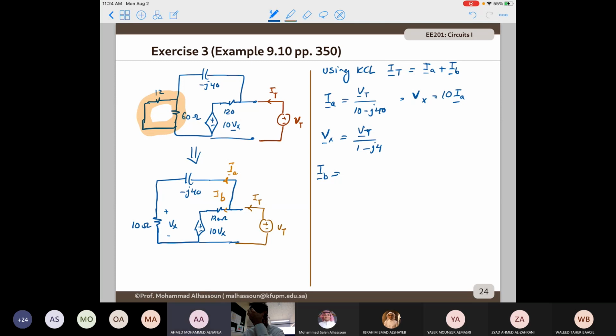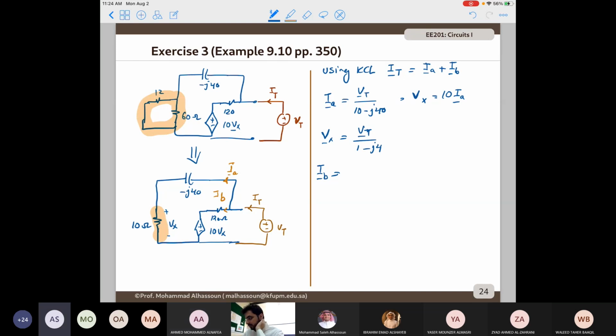I mean, why is Vx equal to 10 IA? This is Vx. Oh, yeah, thanks. What is IB? Yes.